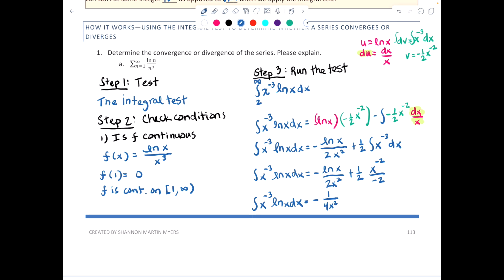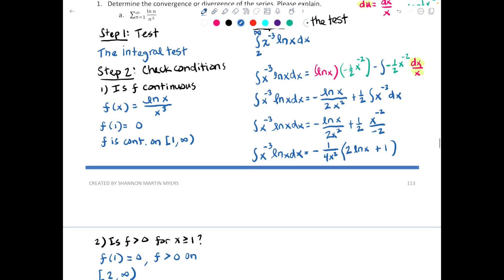And then what we'll have left is 2 times natural log of x plus 1. Cool so far? Excellent. And so now we can go ahead and do our improper integral.